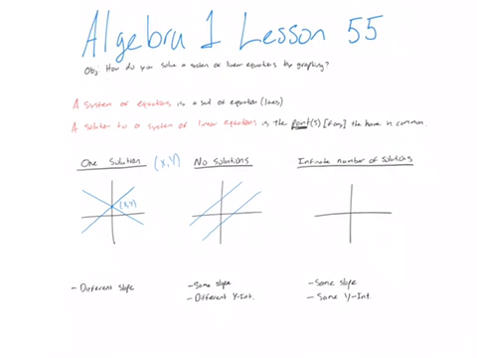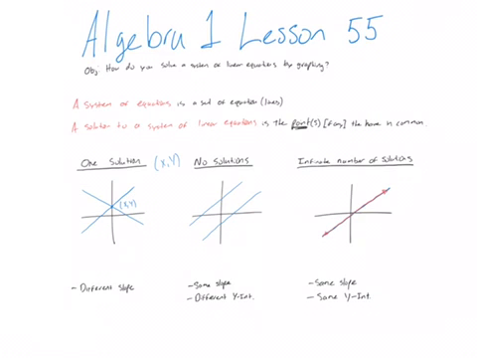Okay? And then the last option, I'm going to use two different colors here. The last option would be if we have a line, say like this, and then we have a line, say like this, that goes exactly right on top of it. These are lines we call coinciding.